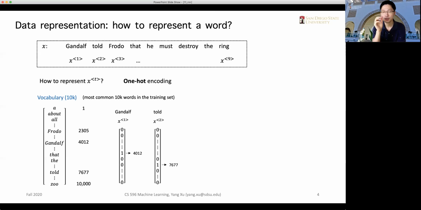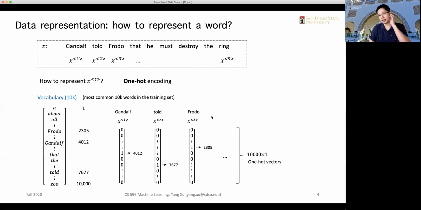So we will have that element to be 1 and all the other numbers to be 0. So next, all the other words, we can represent them with one-hot vectors. All these vectors have 10,000 elements each. So that is a typical way of representing the inputs to a RNN model.